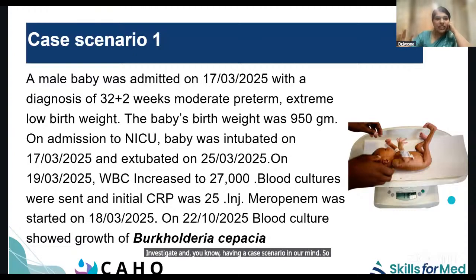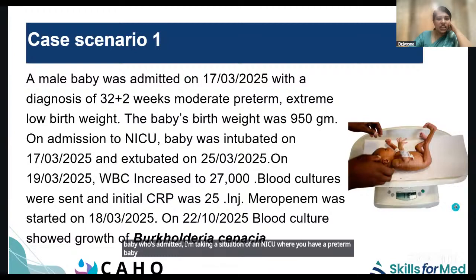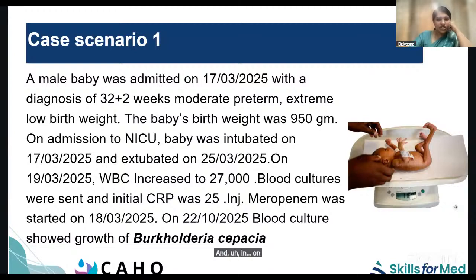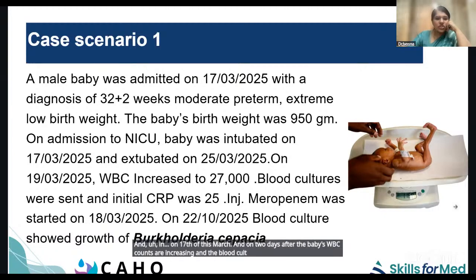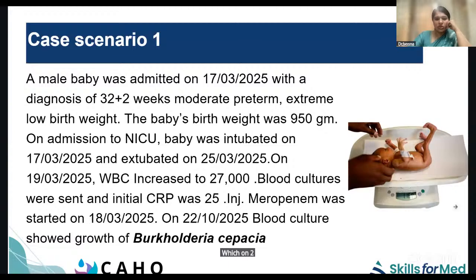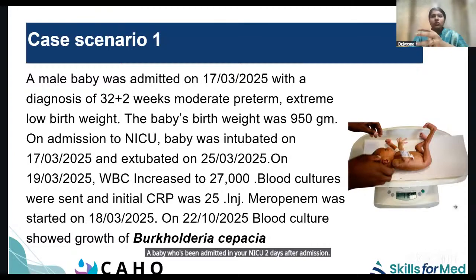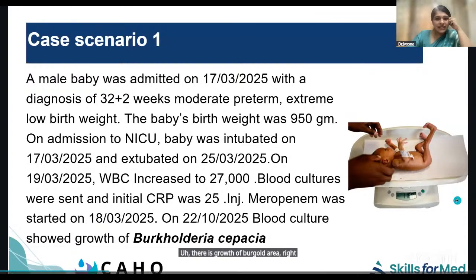I'm taking a situation of an NICU where a preterm baby is admitted on 17th of March, and 2 days after, the baby's WBC counts are increasing and blood cultures were sent, which on 22nd have grown Burkholderia. Have this in mind: a baby admitted in your NICU, and 2 days after admission, there is growth of Burkholderia. Right, now the next slide please.